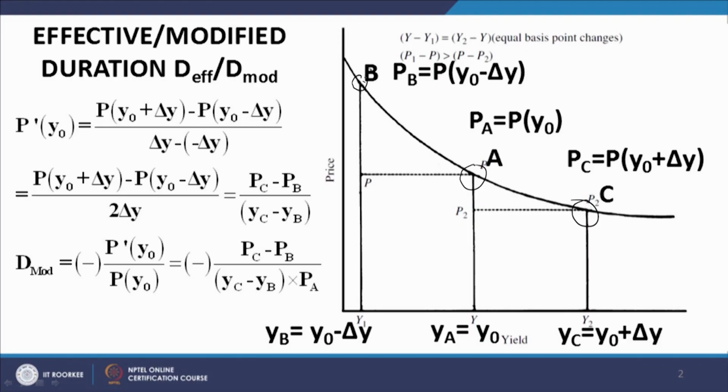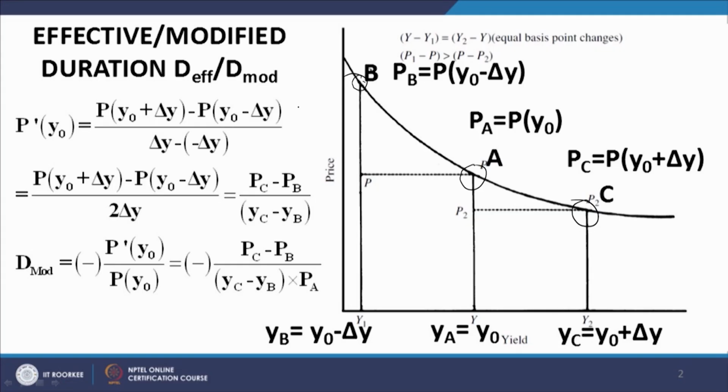Similarly, what we do now finally is that we reduce the YTM by the same amount that we increased, that is by the amount of delta Y. So, instead of Y0 plus delta Y, we now have a YTM of Y0 minus delta Y, and the corresponding price is represented by PB, and the point on the curve is represented by B. We are taking an increase in YTM and a decrease in YTM, and then we are working out the corresponding prices at the two YTMs, that is Y0 plus delta Y and Y0 minus delta Y. The process to that extent is symmetric.